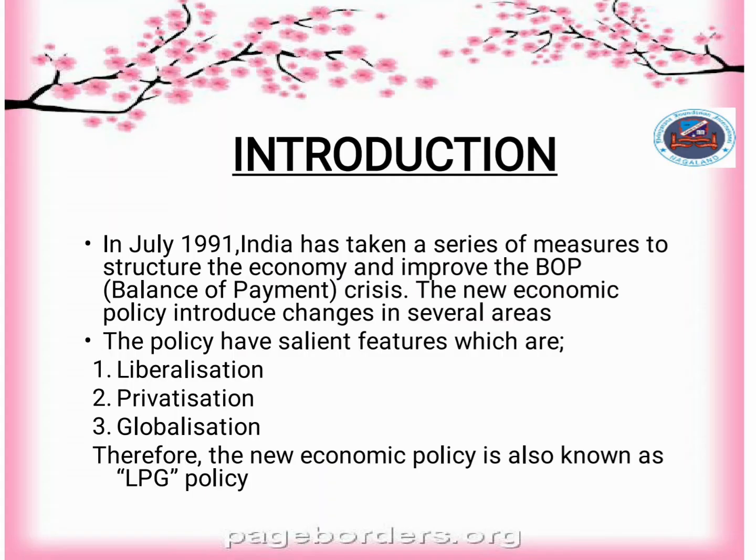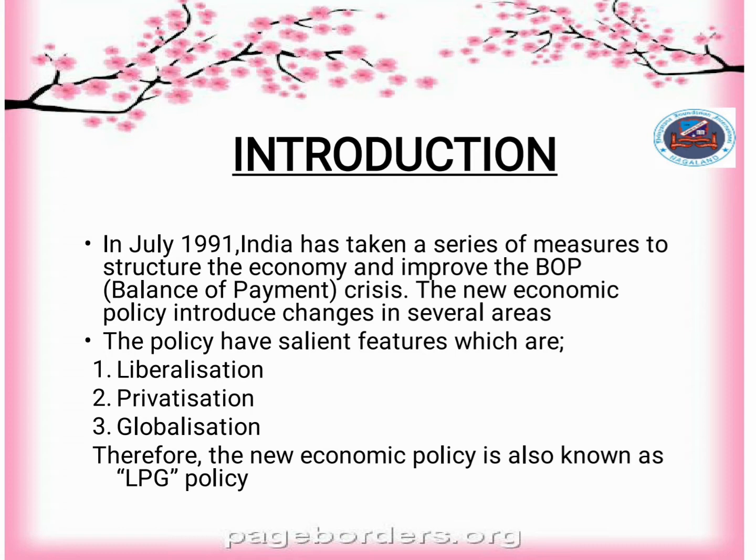In July 1991, India took a series of measures to restructure the economy as well as to resolve the balance of payment crisis. During this time, India met with an economic crisis relating to its external debt. That is, our government was not able to make any repayment on its borrowings from abroad, and this crisis was further compounded by a rise in the price of essential commodities.